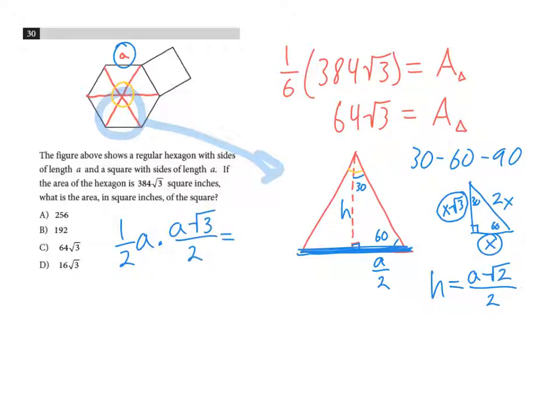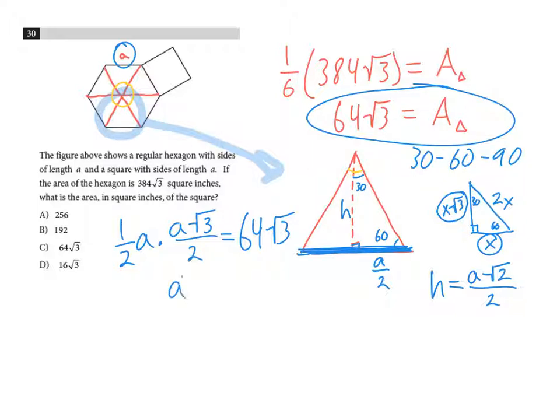That equals the area of the triangle. Well, we already know that the area of the triangle is 64√3. Okay, so if we simplify the left, we're going to get A squared √3 over 4 equals 64√3.